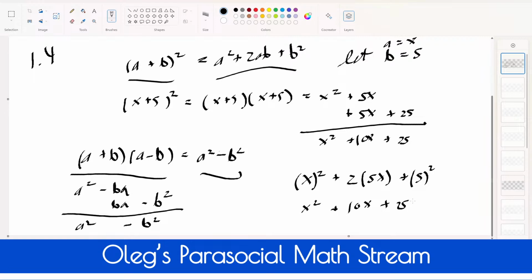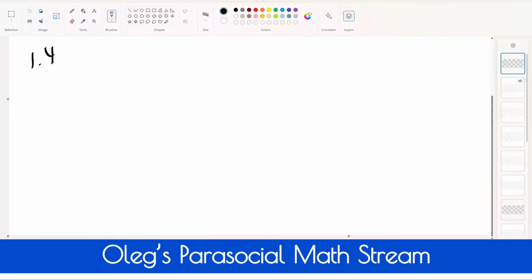And now, let's do one with a negative. So a squared plus 2ab plus b squared. Now, if we have the form x minus 3 squared, we can still use that.